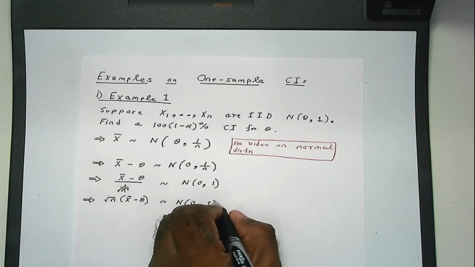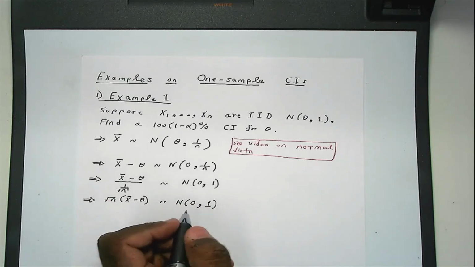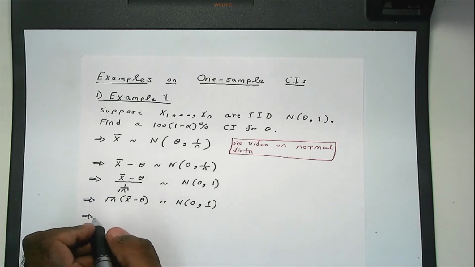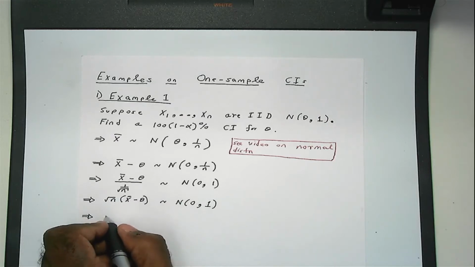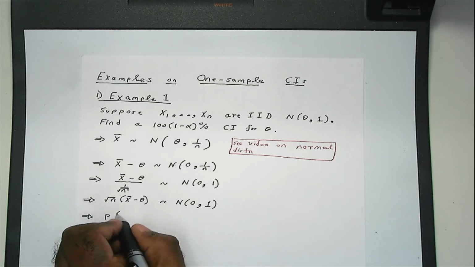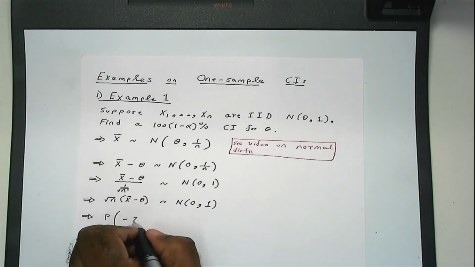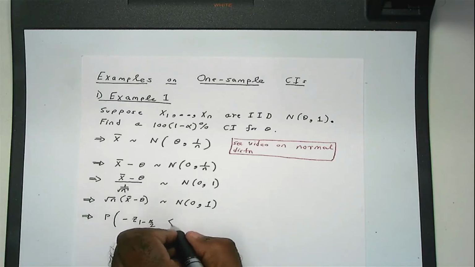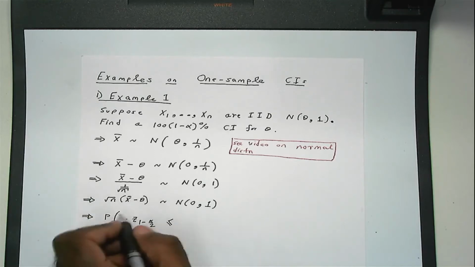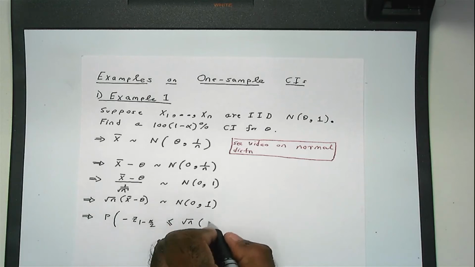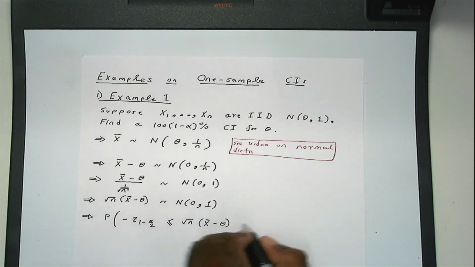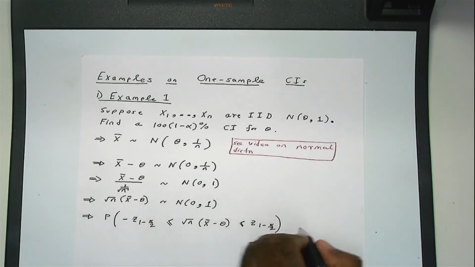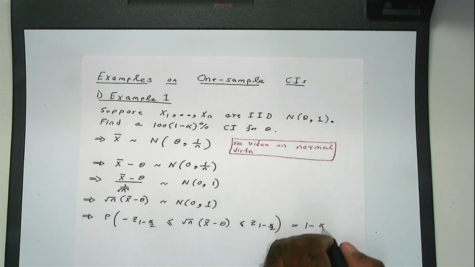Okay. So using what I mentioned earlier on the previous video, this implies that the probability that this lies between these two must be equal to 1 minus alpha.